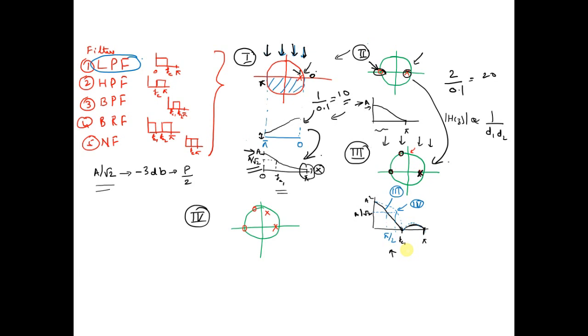Okay. Now over here, what is happening? I have introduced a zero over here, but if you remember our filter designing criteria, I said that the number of poles should be greater than or equal to the number of zeros. So we need to introduce a pole. Say for example, we introduce the pole at the same position.